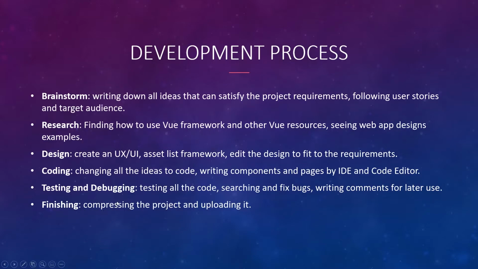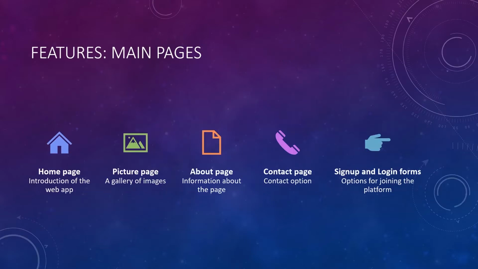In the testing and debugging step, I tested all the code, searched for bugs and fixed them, and also wrote comments for later use. And finally, in the finishing step, I compressed the product and uploaded it on GitHub.